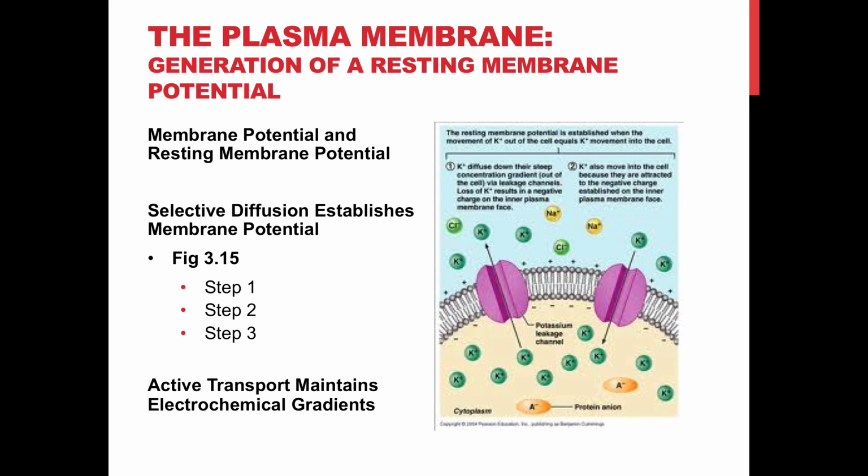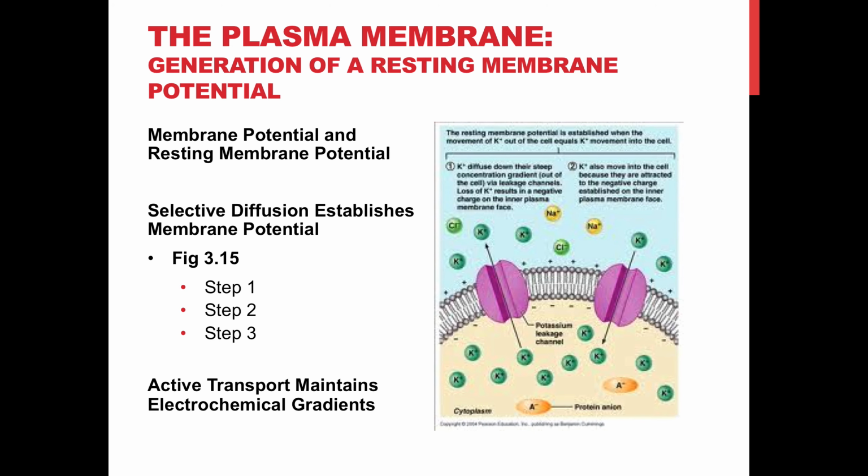The unstimulated plasma membrane is somewhat permeable to potassium because of leakage channels, but impermeable to the protein anions. So potassium can leave, but the negative anions can't. The concentration gradient is forcing potassium out, but the protein anions are pulling it back. Consequently, potassium diffuses out of the cell along its concentration gradient, but the protein anions are unable to follow.